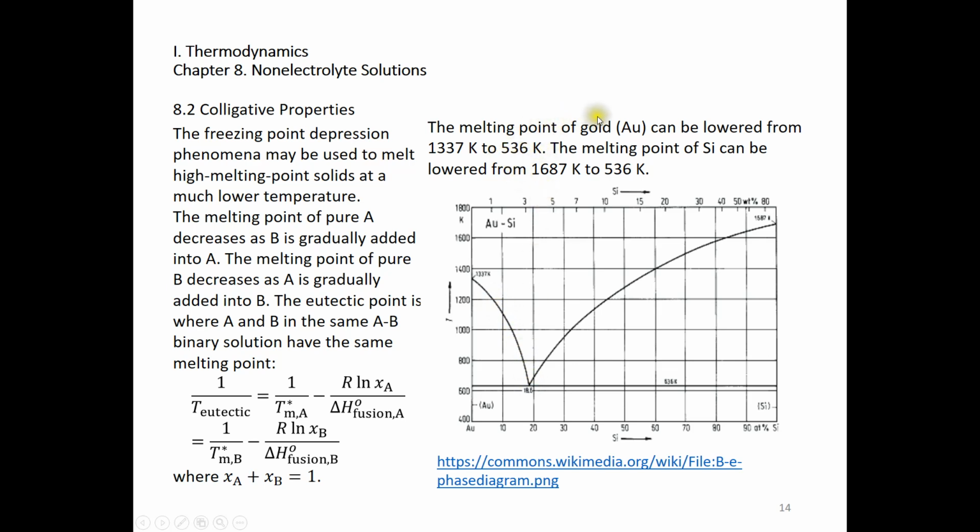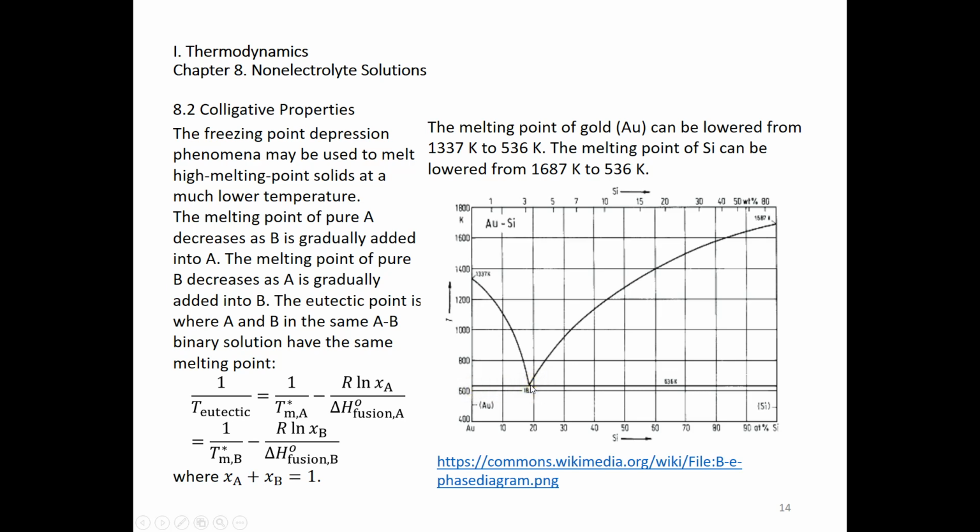So we can lower the melting point of gold from 1300 Kelvin to only 500 Kelvin ish. Similarly, we can lower the melting point of silicon from 1600 Kelvin also to around 500 Kelvin. So the melting point decrease is shown for gold here, for silicon here. At this point, both gold and silicon have the same melting point, which is 536 Kelvin.